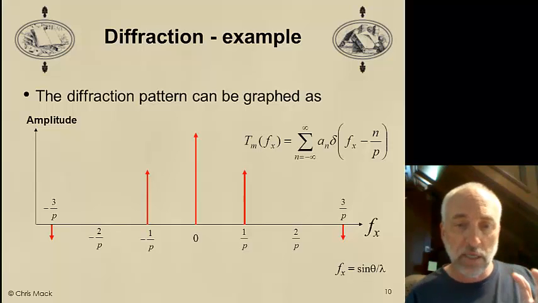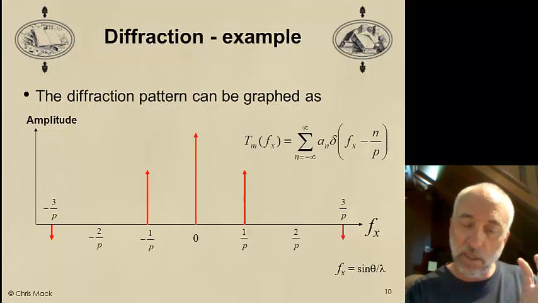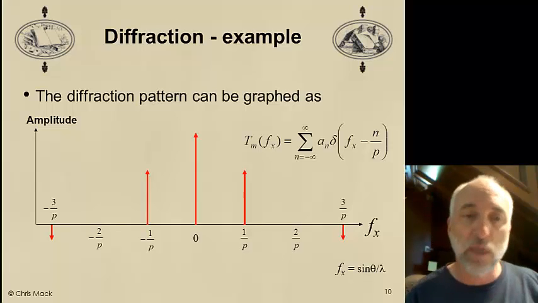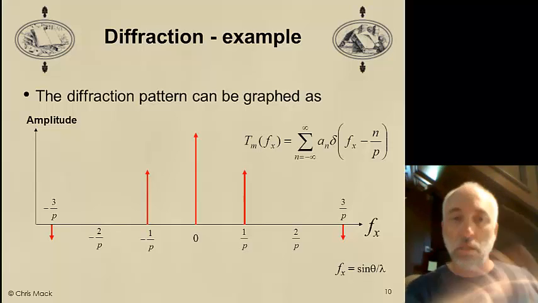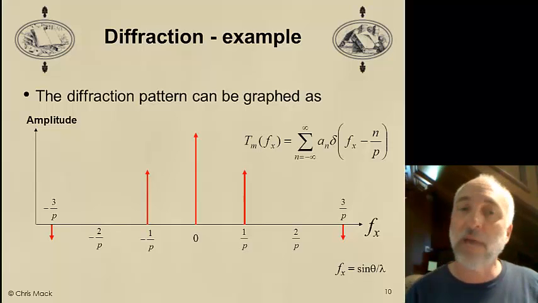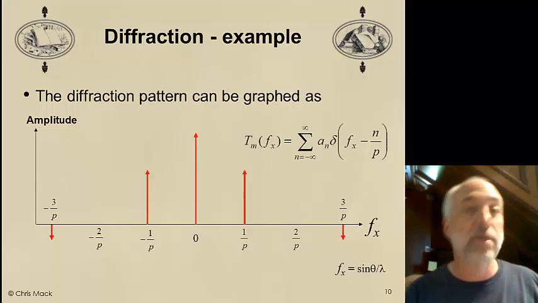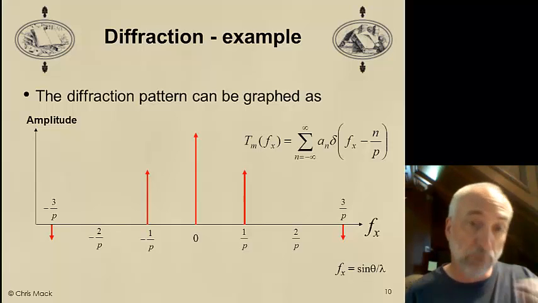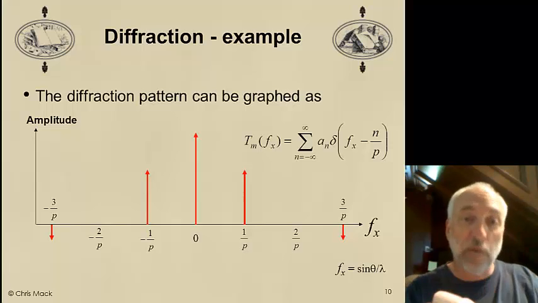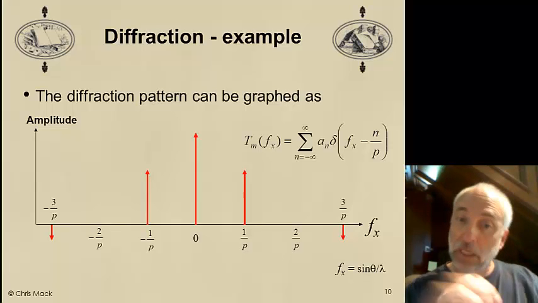So take your CD, take a laser pointer, and bounce the laser off of a spot on the CD. Hold it up close to a wall to look at the diffraction pattern that results, and you will see this diffraction pattern. Bright spot in the center, two spots to either side that are a little bit dimmer, on and on.